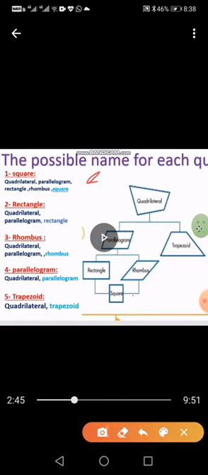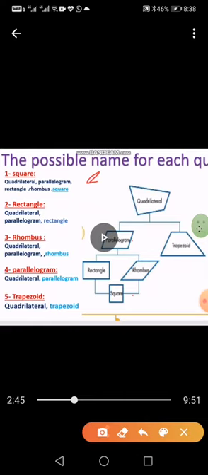So can I call a rhombus a parallelogram? Yes. Can I call a rhombus a quadrilateral? Yes. Then it has a special name called rhombus. Above the parallelogram I have quadrilateral, so the parallelogram is called quadrilateral and also parallelogram.